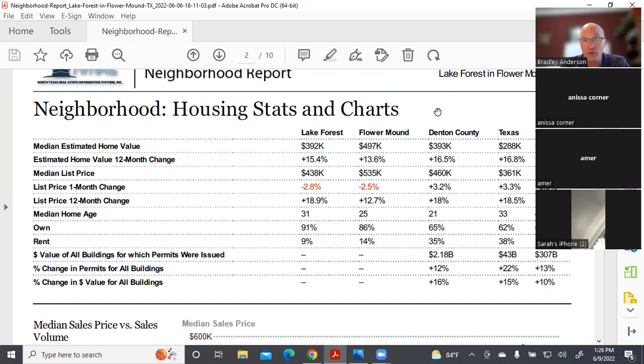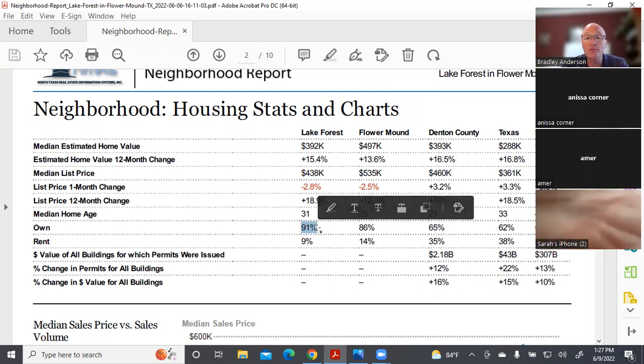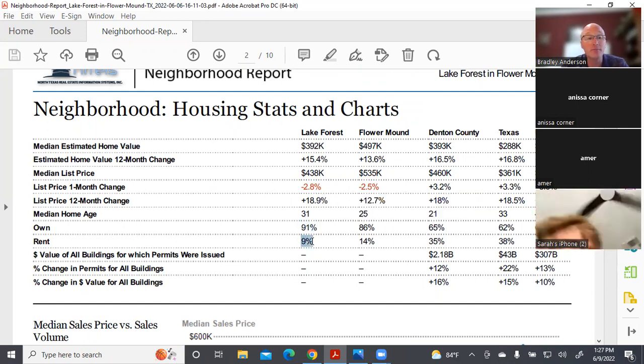And quite frankly, as a realtor, you should be saying, look, it needed to go down. This unfair valuation and multiple offers and offering above ask was unsustainable. But as a benchmark, it's about an 8 or 9, 10% return on any kind of investment. Okay. So in my subdivision, 91% own it, 9% rent.